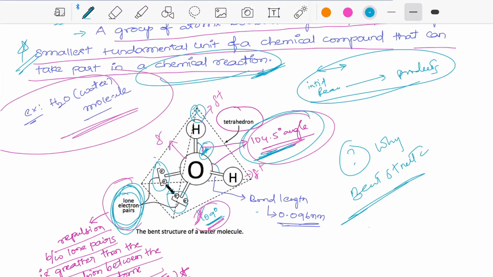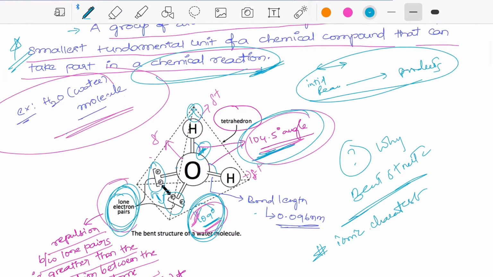Due to the dipole moment, due to these ionic characteristics, the H and H will repel each other, and the lone pairs of electrons also repel each other. Okay, they are at a certain angle. Even the lone pair electrons, you can see here, it is 109 degrees. Repulsion between lone pairs is greater than repulsion between hydrogen atoms.